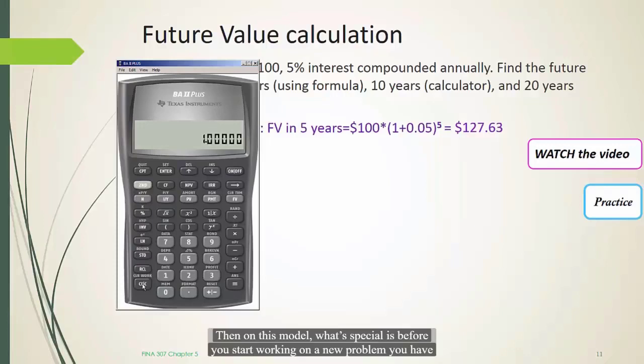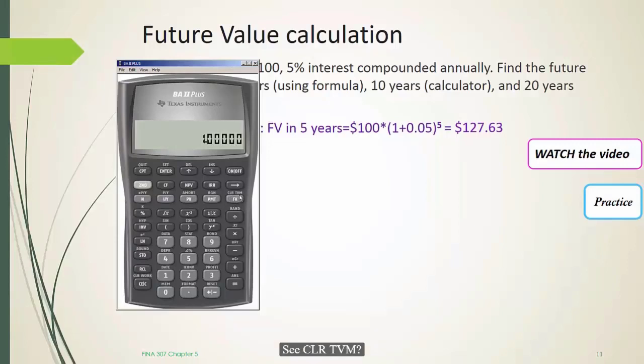Okay, then on this model, what's special is, before you start working on a new problem, you always have to clear out the previous registers, or the memory. Otherwise, your calculator has very good memory, and it might have remembered what you entered like 1 year ago. So to clear out the previous registered TVM solver values, we are going to use the secondary function of future value, FV. See CLR TVM.